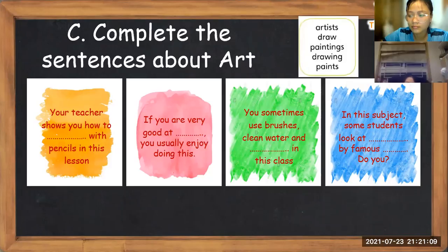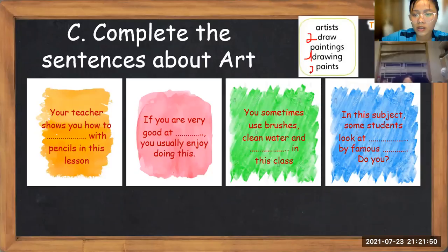Okay. Your teacher shows you how to drawing with pencil in this lesson. Drawing is 1. Number 2. If you are very good at draw, you usually enjoy doing this. Draw is number 2. Number 3. You sometimes use clean water and paint in this class.